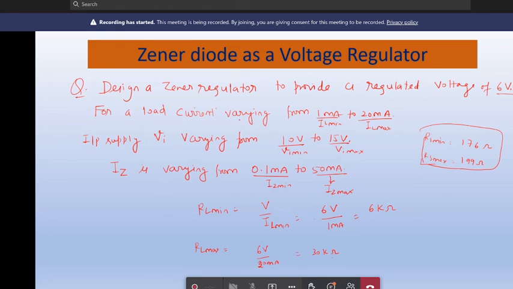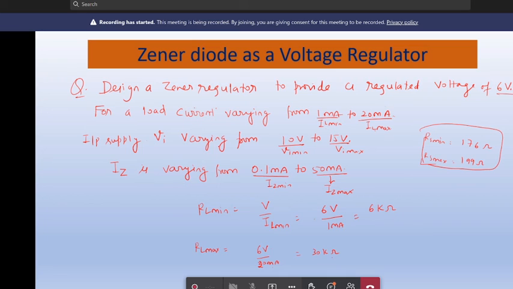For a load current varying from 1 milliampere to 20 milliampere, that means your load is also changing. There is a minimum load current and a maximum load current. That means the resistance of the load is not constant, it is varying, because you may connect different appliances. Sometimes you are connecting one appliance, sometimes a different one. So you have the variation of that load.